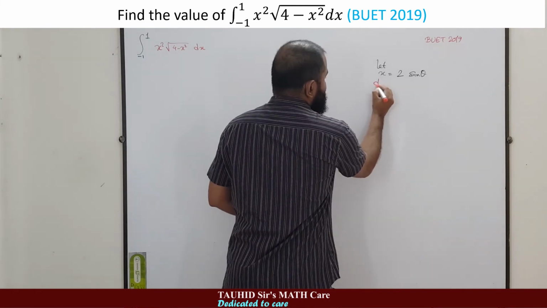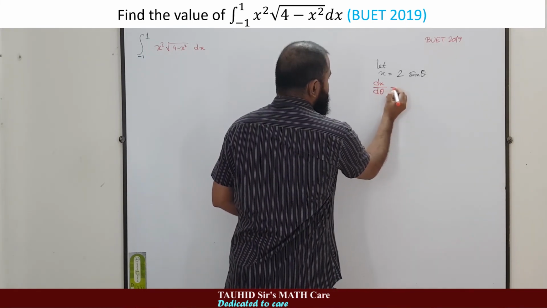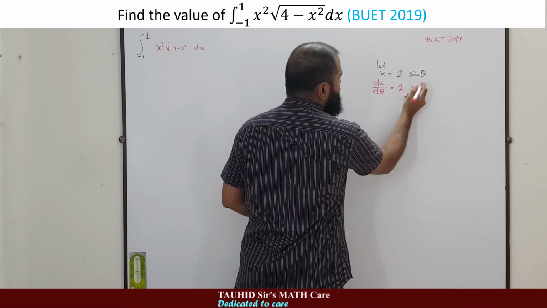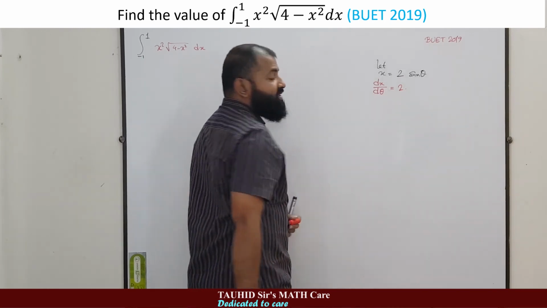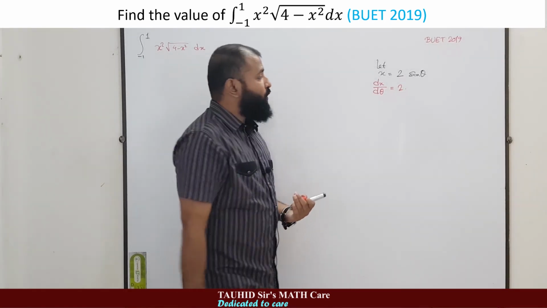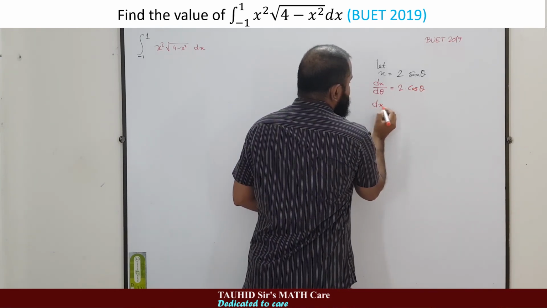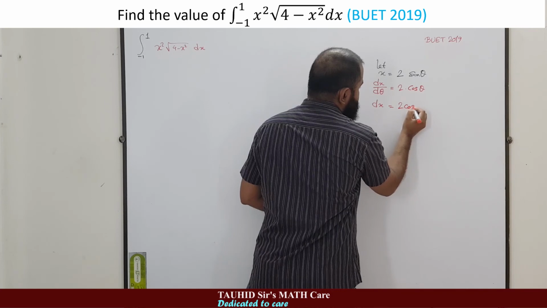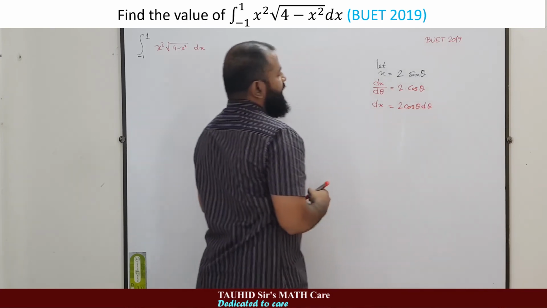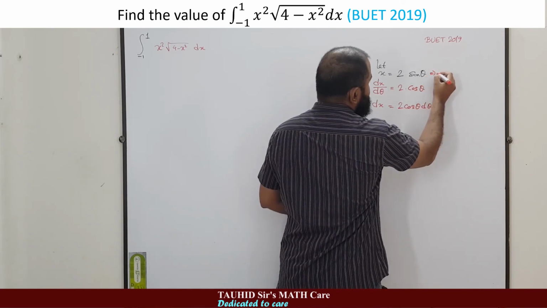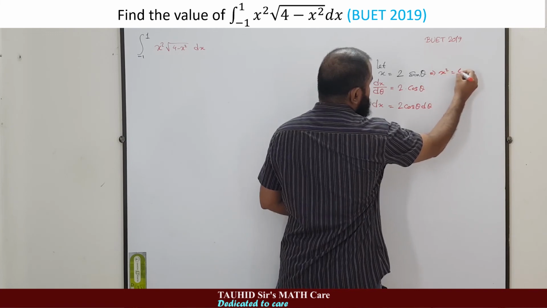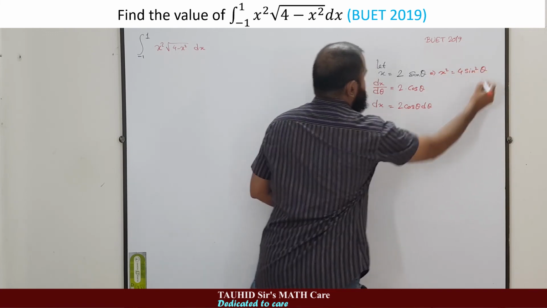So what is dx d theta? Dx d theta equals 2 multiplied by the derivative of sine theta, which is cos theta. Therefore dx equals 2 cos theta d theta, and from here I can say that x square equals 4 sine square theta.